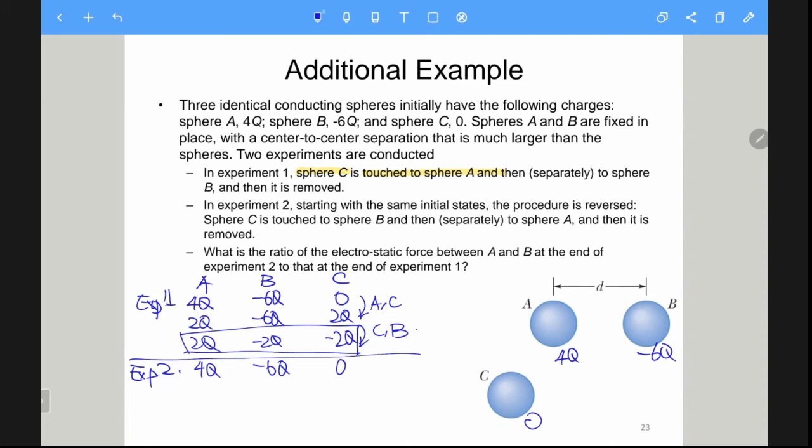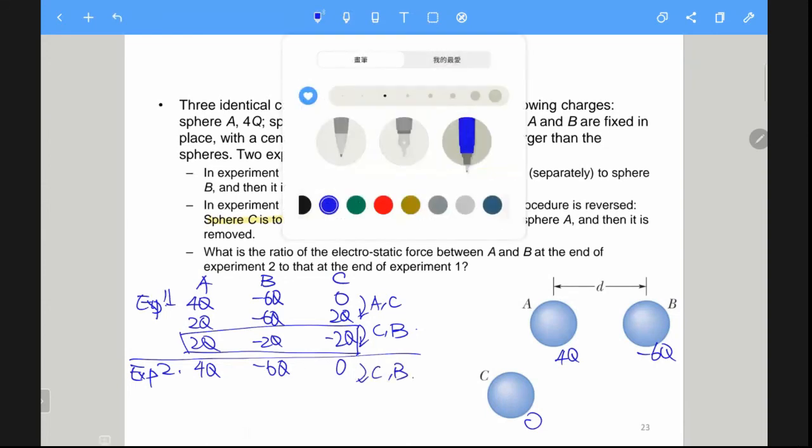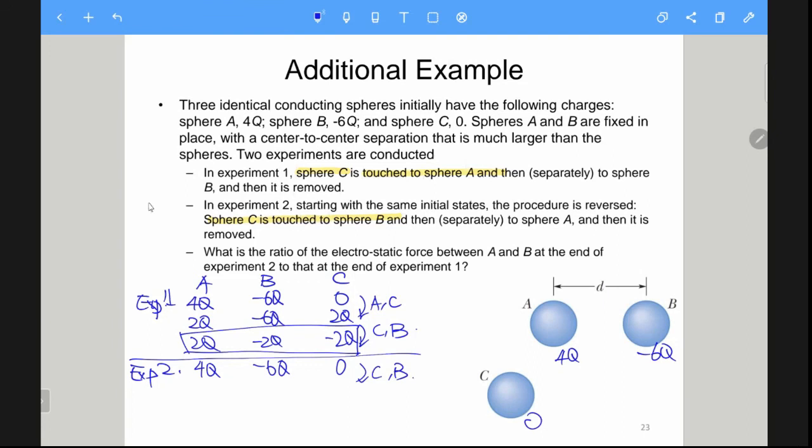Now sphere C is touched with sphere B first. Minus 6Q plus 0 is minus 6Q, divided by 2 is minus 3Q.